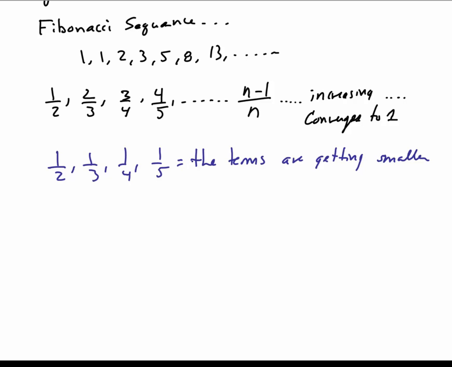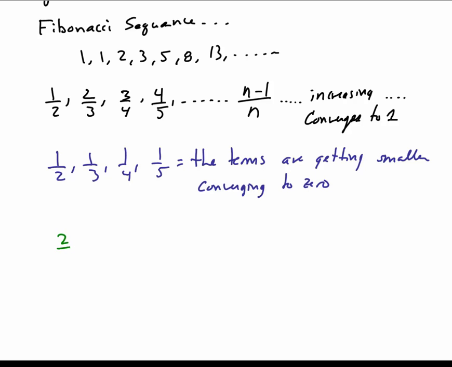So this is converging as well, but it's converging to 0. So when we talk about sequences, we're talking about these terms, and notice they're separated by commas, so I'm talking about these particular terms in the sequence.